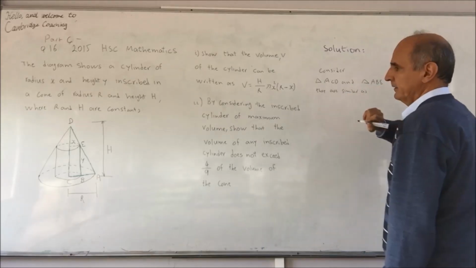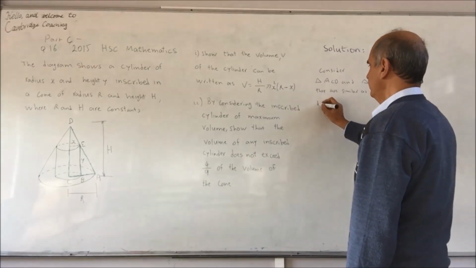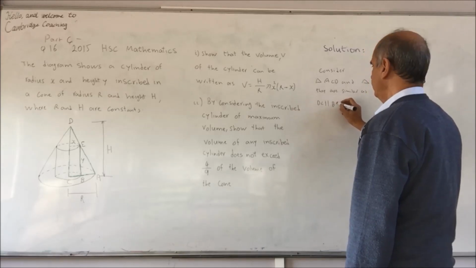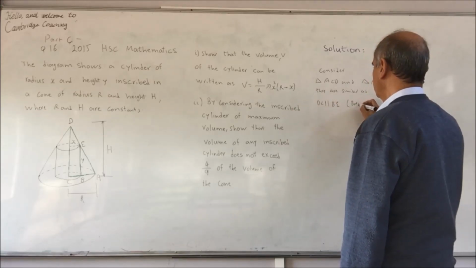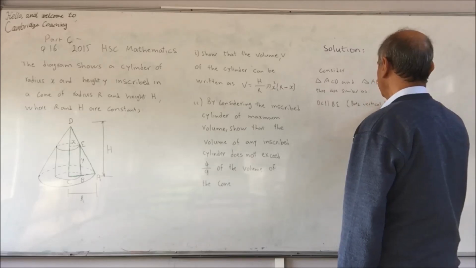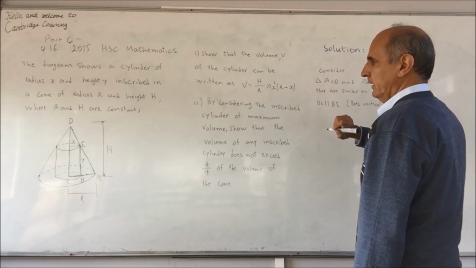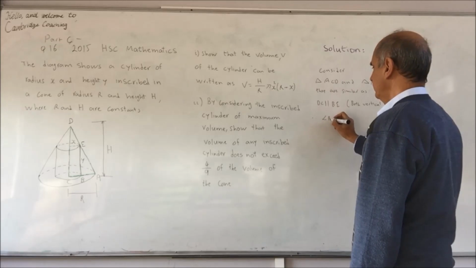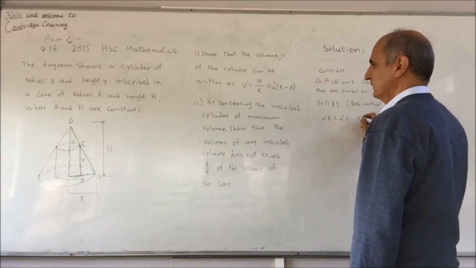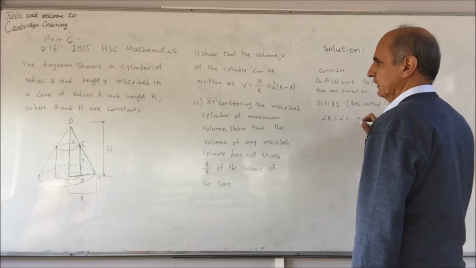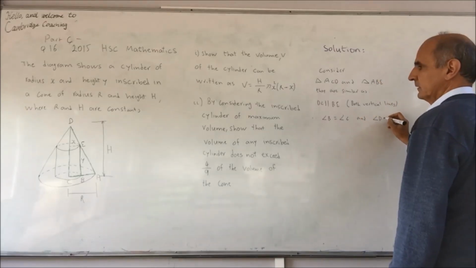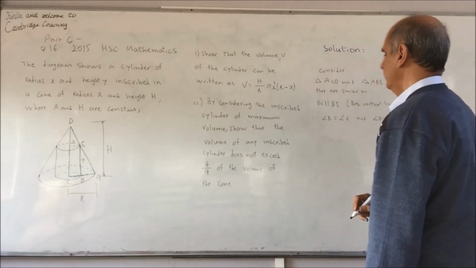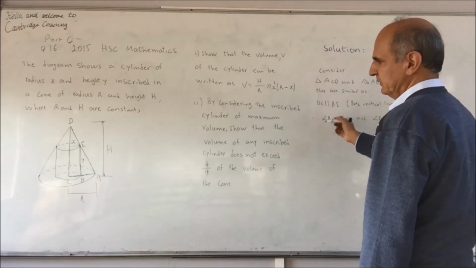Why? As we have DC parallel to BE, both vertical lines, and so that means that angle B is equal to angle C, angle D is equal to angle E. Okay, you can be a bit more specific.